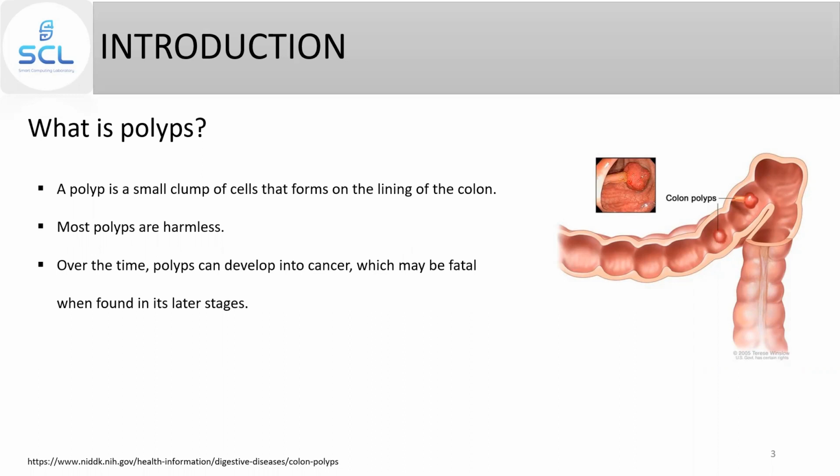As we can see in the figure on the right of the slide, most polyps are harmless. Over time, polyps can develop into cancer, which may be fatal when found in its later stage.